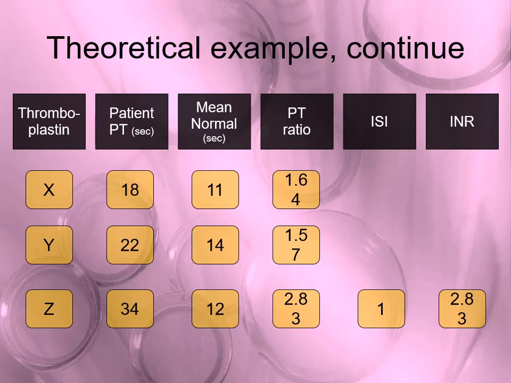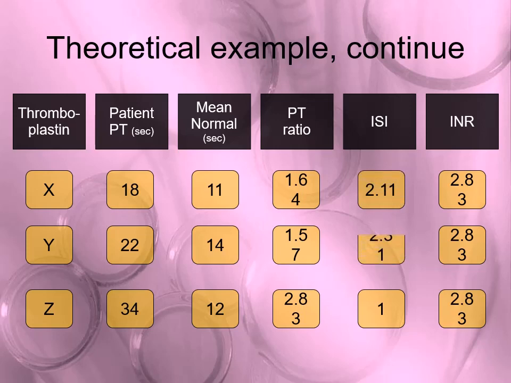If the INR formula is true in real life, then the result of INR for both X and Y should also be 2.83. That will happen only if the ISI of reagent X is 2.11 and the ISI for reagent Y is 2.31, so both will give an end result of INR equal to 2.83.